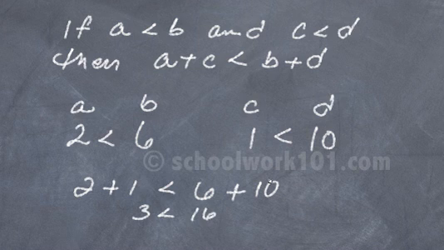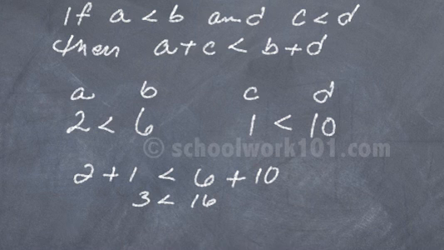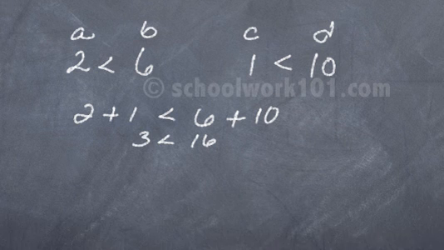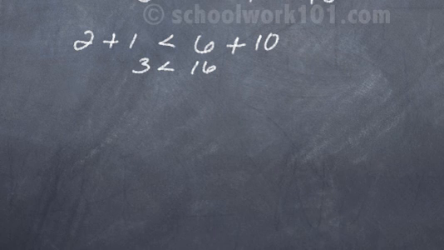Now this is one particular case. To show this for all real numbers, we'd have to prove this, and I guess I can go through the proof here. What I'm going to do is write this out.